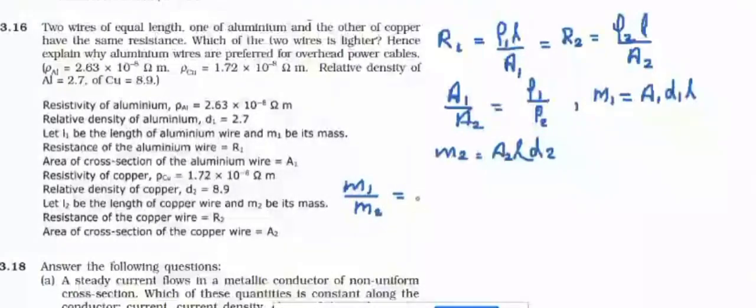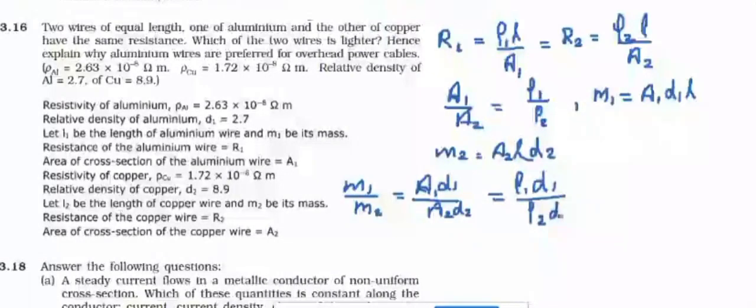M1 by M2 is equal to A1 D1 divided by A2 D2. Now A1 by A2 is ρ1 by ρ2. So substitute there: ρ1 D1 divided by ρ2 D2. So calculate this ratio.